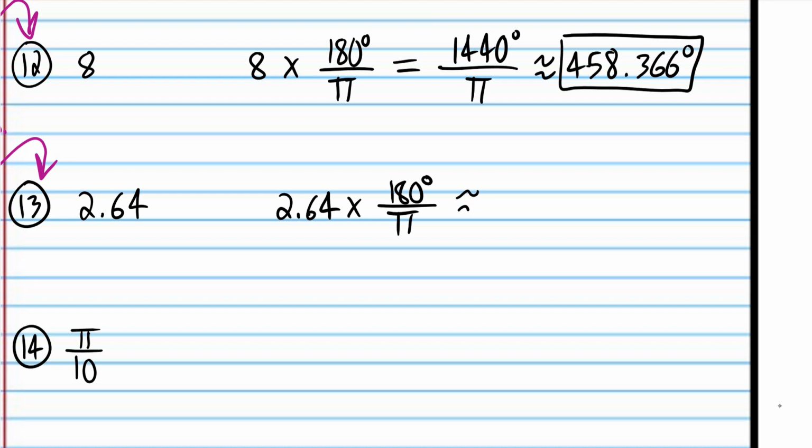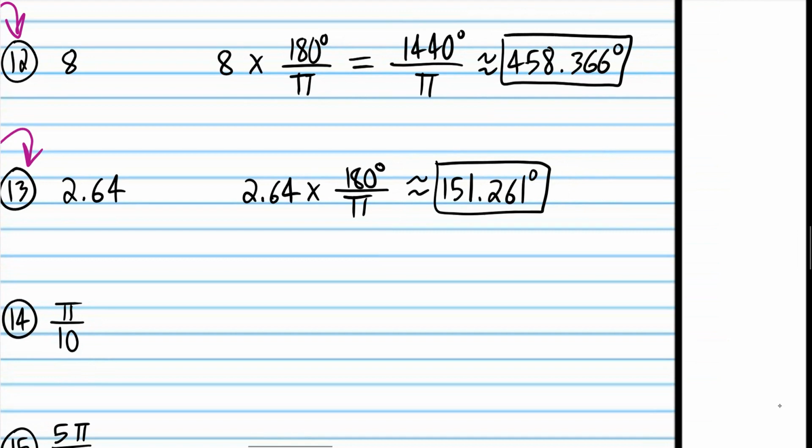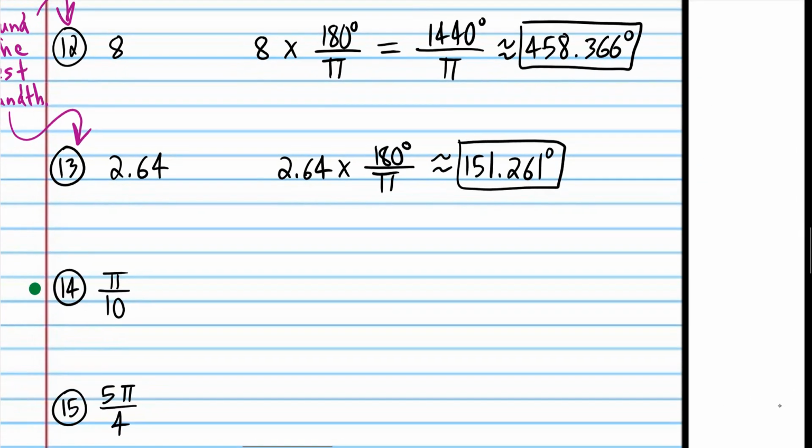And we get approximately 151.261 degrees. So there you go. As you can see, converting back and forth between radians and degrees really is not that difficult. You just have to remember your conversion factor and when to flip it, so you can convert from degrees to radians or radians to degrees.